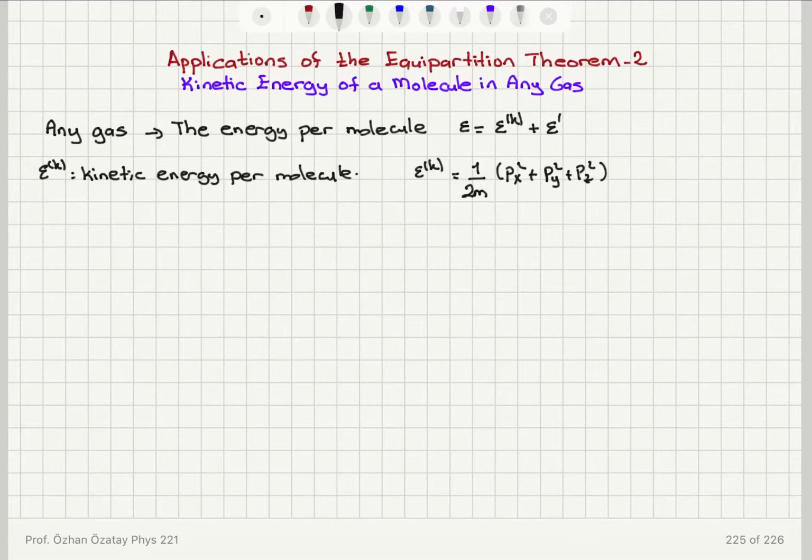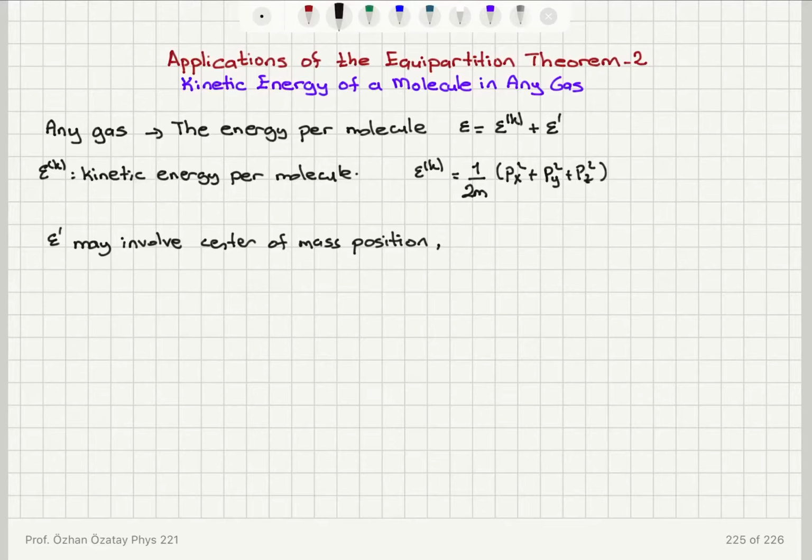And the other term in the energy, epsilon prime, may involve center of mass position. So just like what we said in the derivation of the equipartition theorem, we're isolating the contribution from linear momentum.